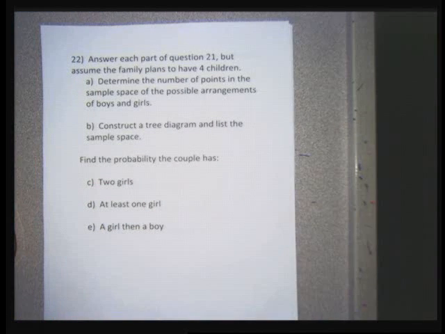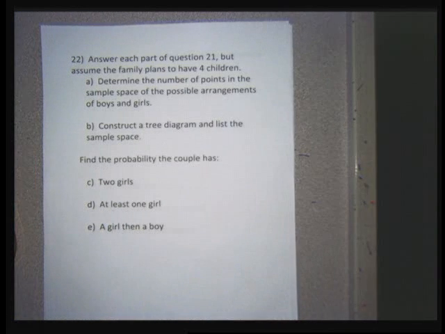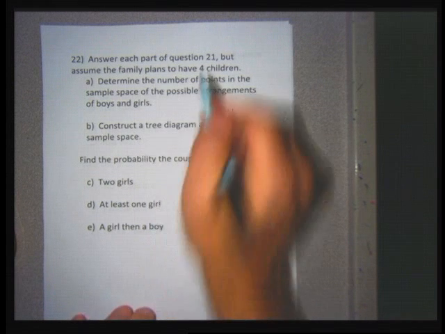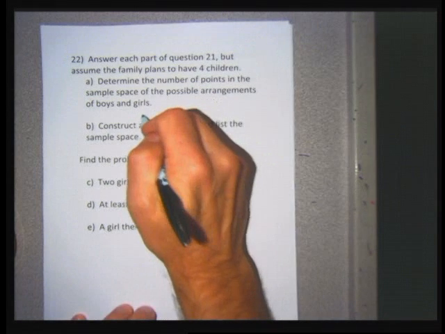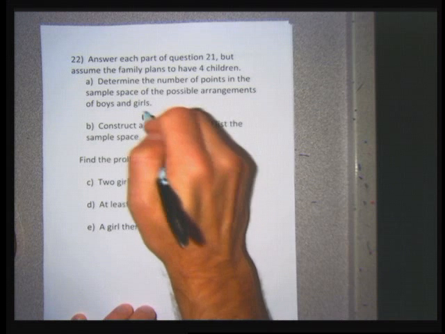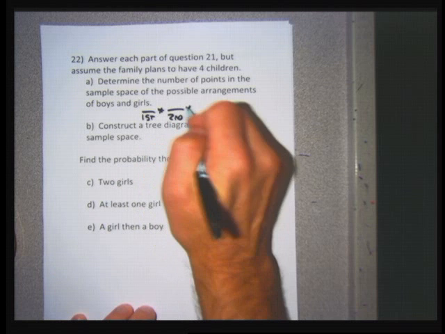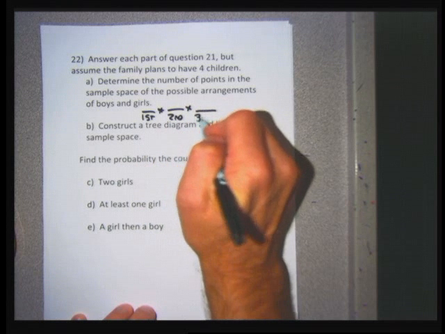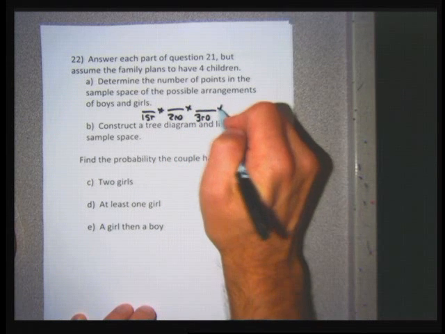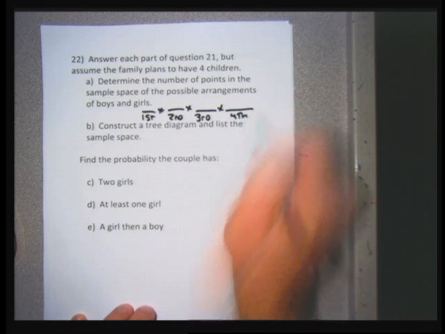This is a horrible question. When I saw problem 22 just a minute ago or an hour ago before I started this lecture, I'm like, why would I do that to myself? This sample space is going to have 16 items in it, and it's too big. So there's a couple having 4 children. So we're going to have a first, a second, a third, and then a fourth.